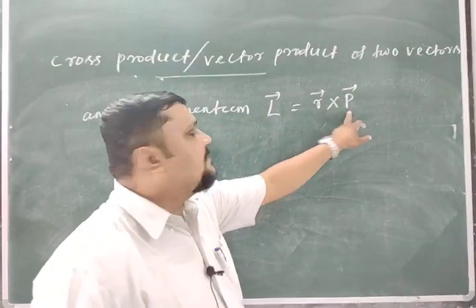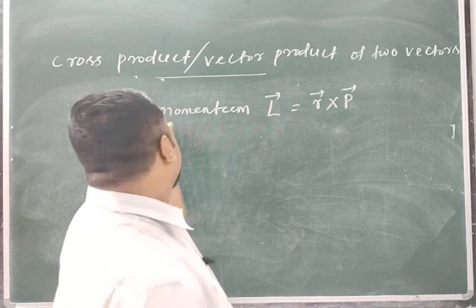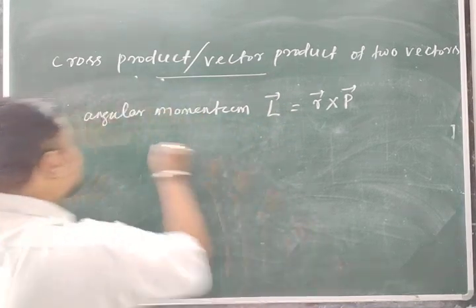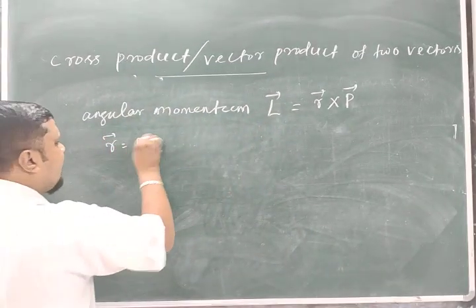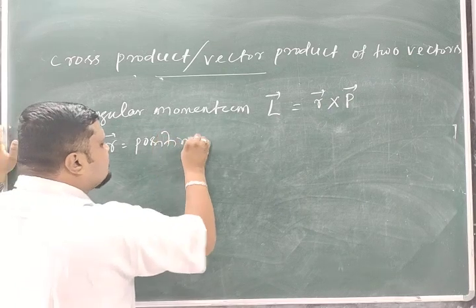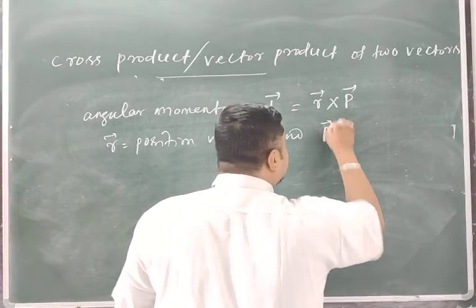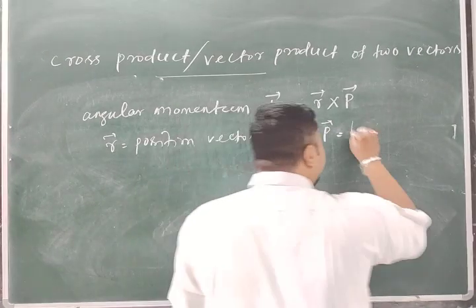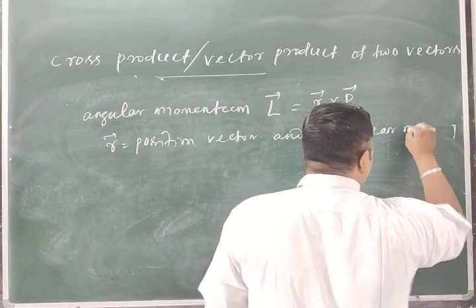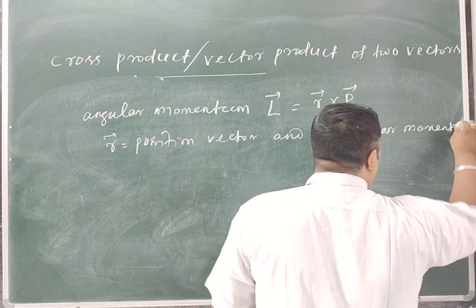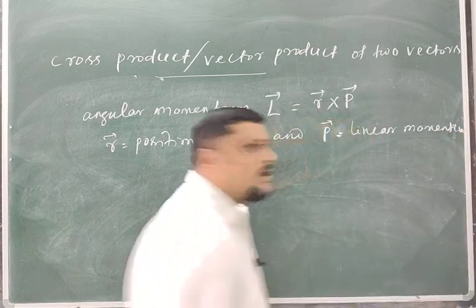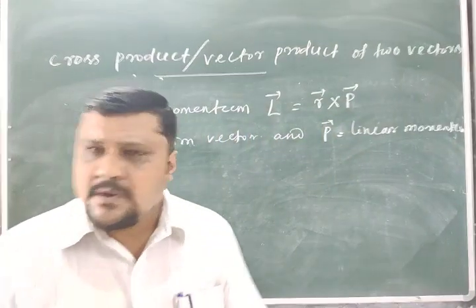The cross product of r and p is a new vector, the angular momentum. This case comes in your rotational motion.